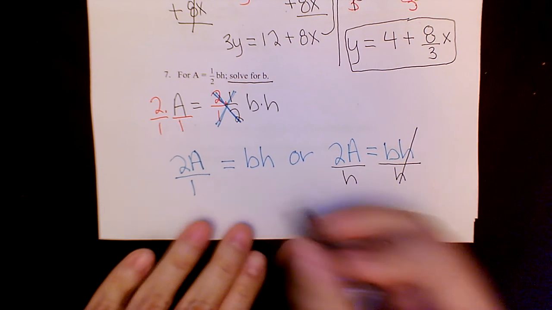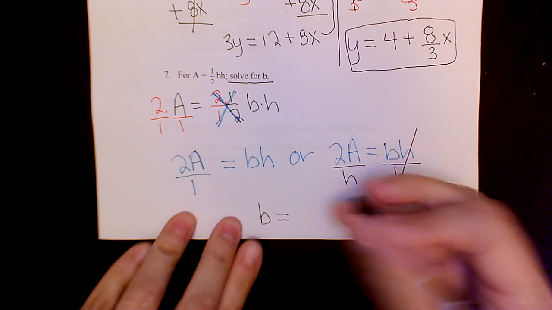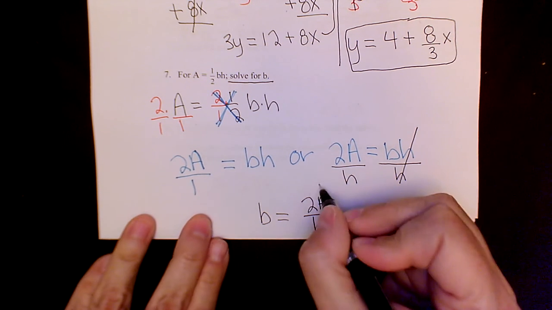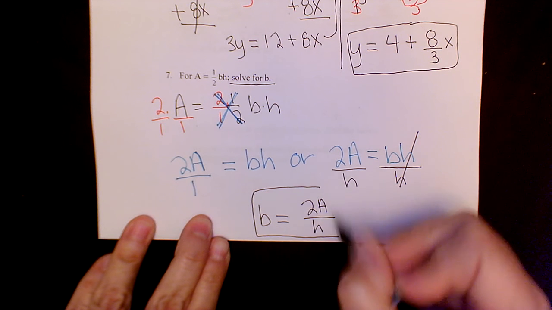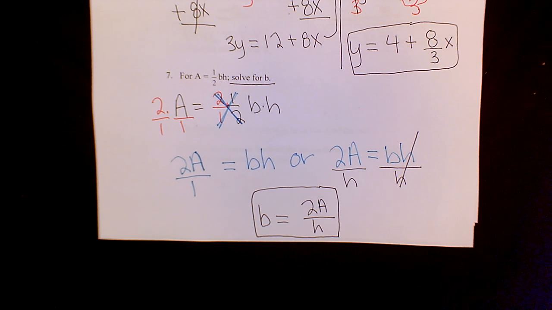My h's cancel. B is left alone, so B is 2a divided by h. And I know that looks weird, but that is the correct answer. That's solving for b. B is on one side. B equals 2a over h.